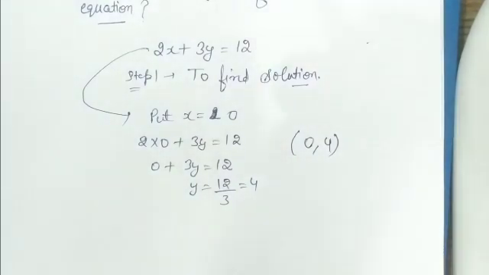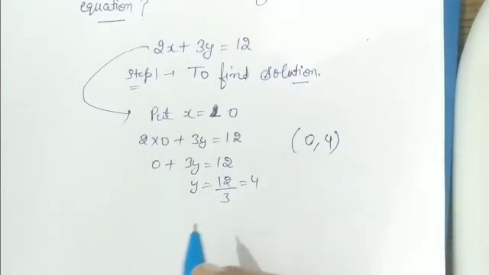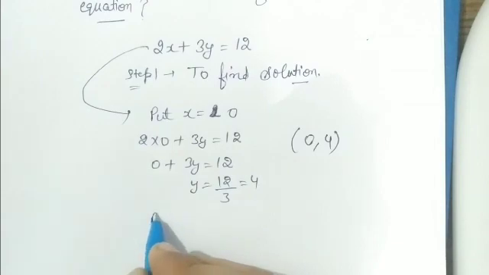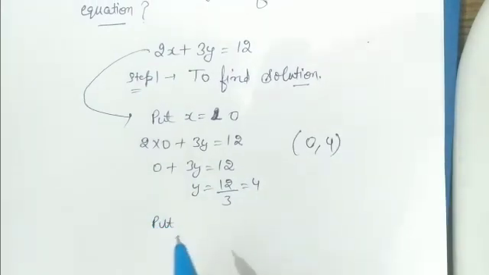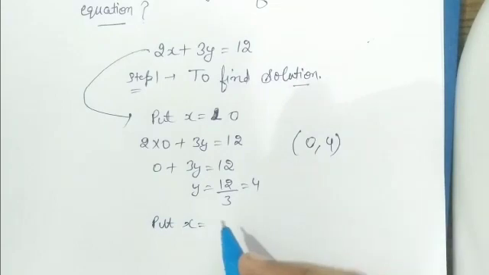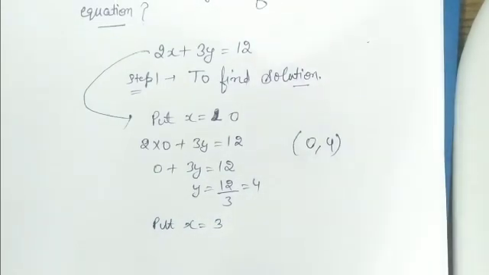Similarly, we can find one more. Two solutions will be enough for drawing a graph. So let's say I am finding another. I will put x is equal to, let's say, 3.